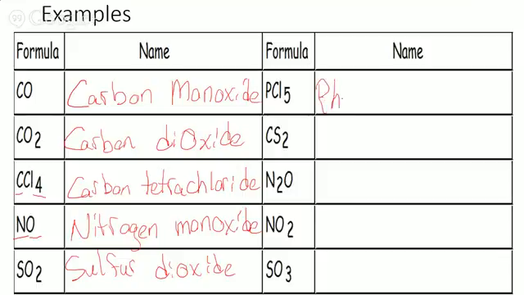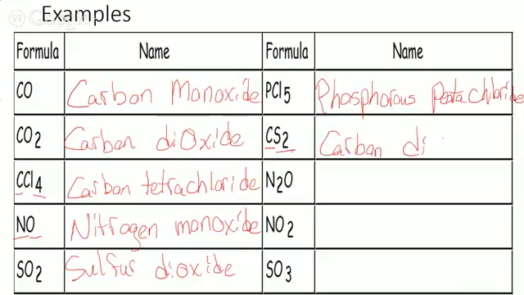So phosphorus, only one of them. First element, we don't need to say mono. So phosphorus, I'm going to run out of room. How do we say 5? Pentachloride. Carbon, CS2. So we got carbon, disulfide.